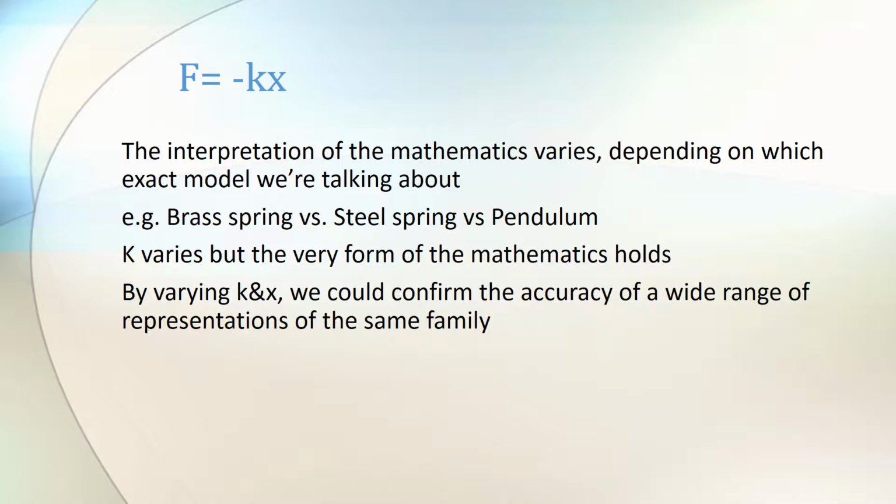For instance, a brass spring and a silver spring are going to have different values of k. But even though k varies, the very form of the mathematics holds. By varying the interpretation of k and x, we can confirm the accuracy of a wide range of representations of the same family, including springs of different materials or different models of physical systems that have the same mathematical similarity.